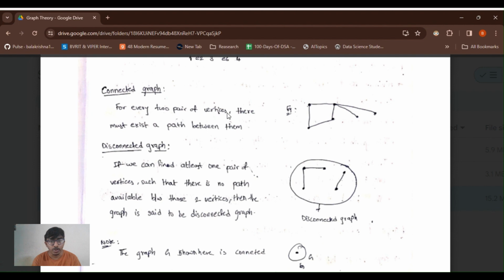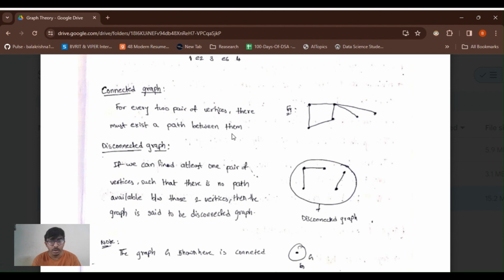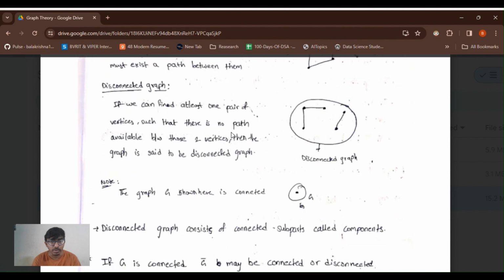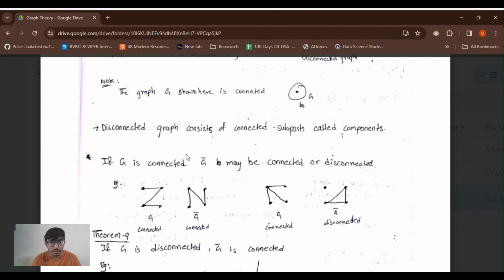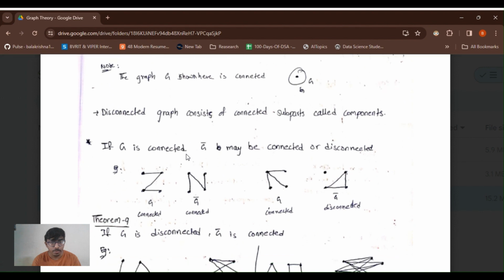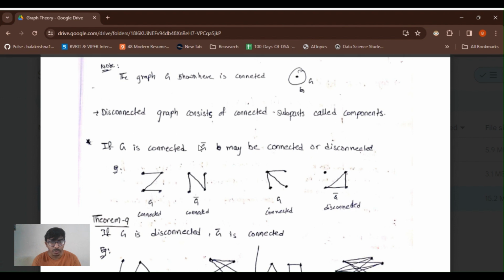Connected graph: for every pair of vertices, there must exist a path between them. Then it is a connected graph. A disconnected graph is the opposite. A disconnected graph consists of connected subparts called components.